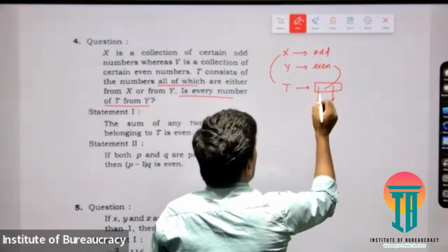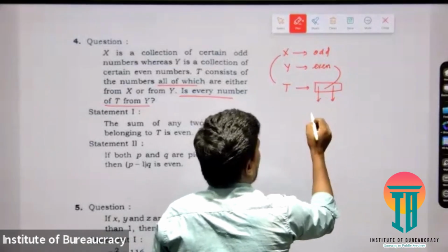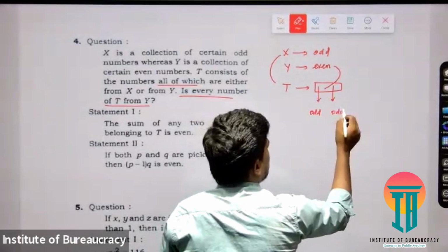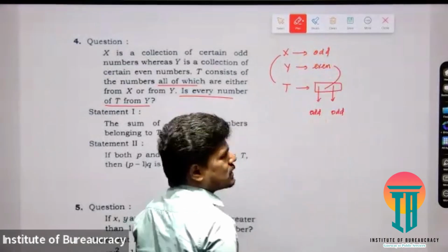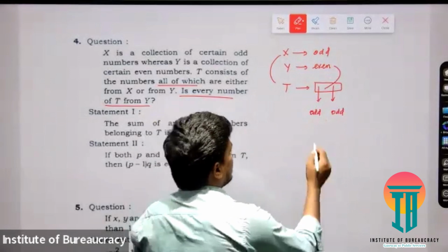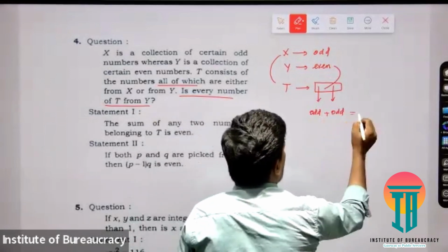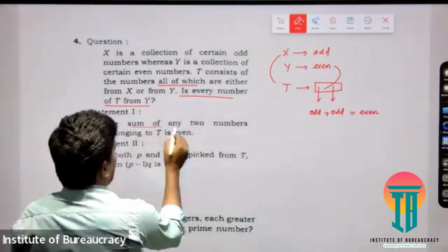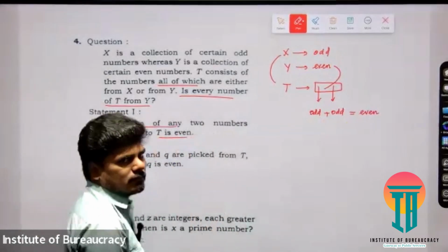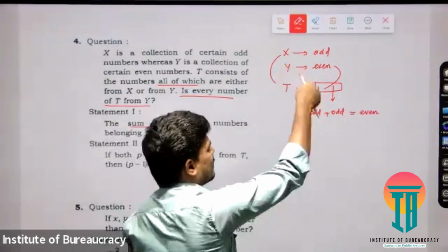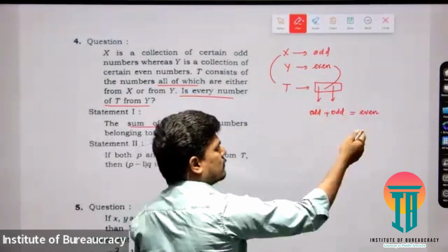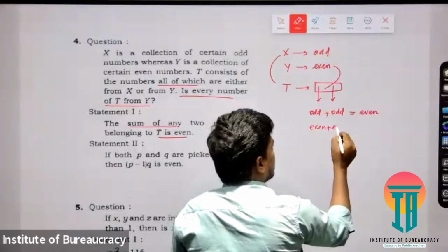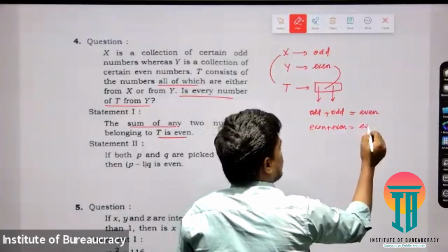These two numbers can both be odd numbers, which means the numbers come from X. But you sum them up, it is going to be an even number. They said the sum of any two numbers of T is even. If both are even numbers, then also it is going to be even.